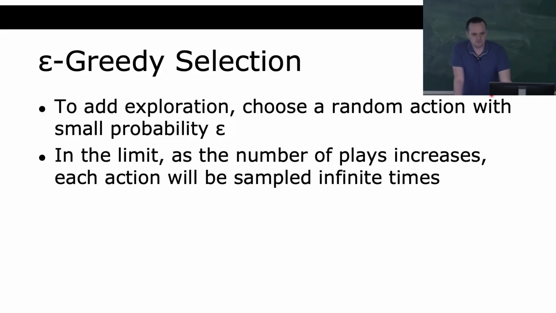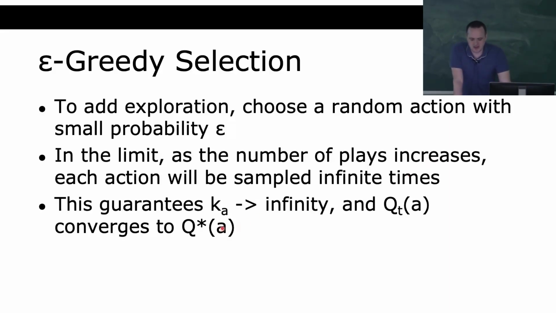In the limit, meaning that as t goes to infinity, each action will be sampled an infinite amount of times, right? Even if you're just saying, okay, I have a 1% chance of choosing a random action, if I do things an infinite amount of times, then I've still chosen everything infinitely many times.